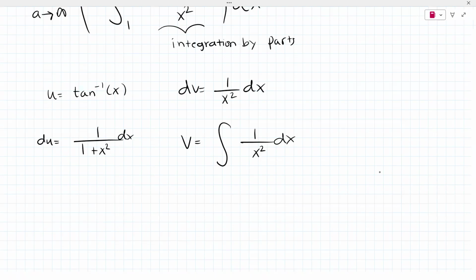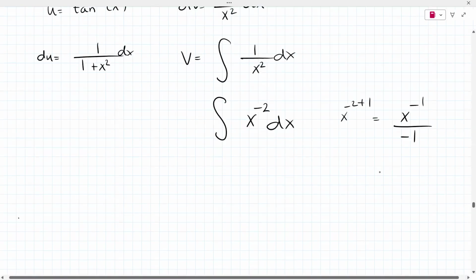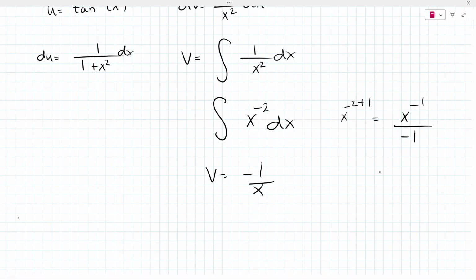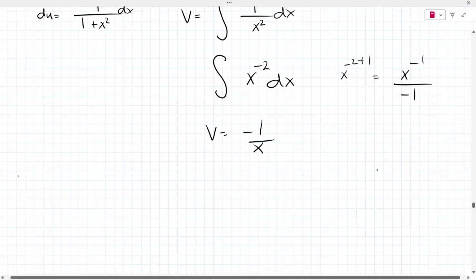The integral of 1 over x squared is the same as x to the negative 2 dx, and you know how to take that integral: add 1 to the power and divide by negative 1. So v is negative 1 over x. Now apply the integration by parts rule: uv minus the integral of v du.